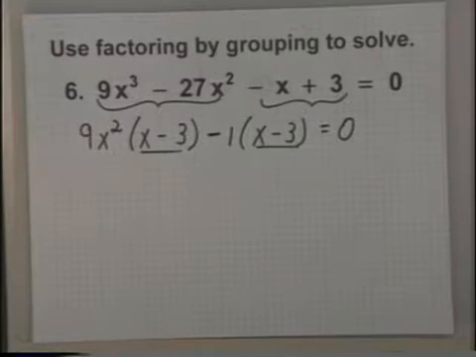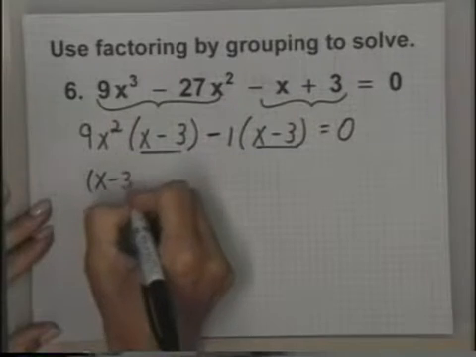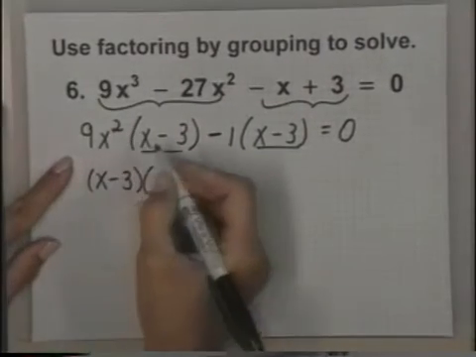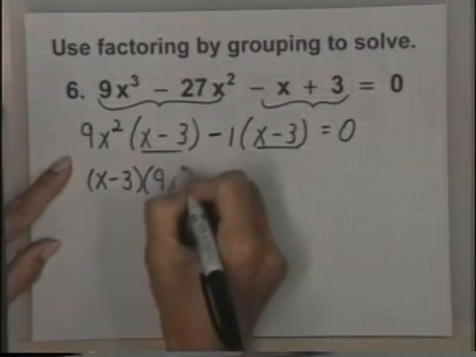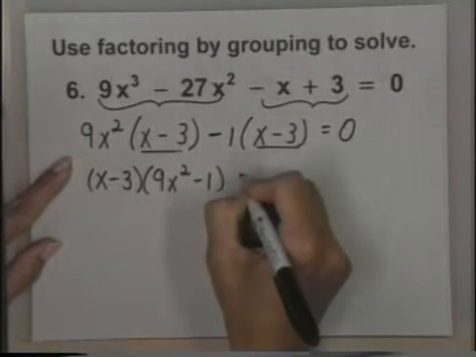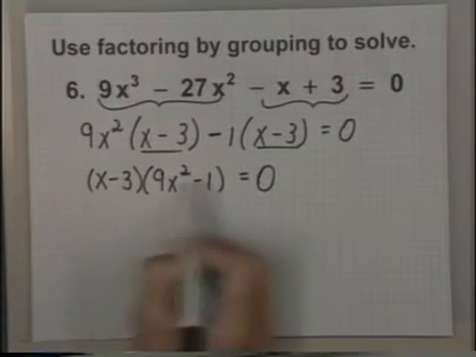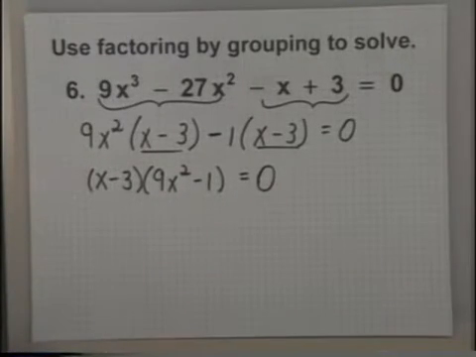So let's factor that x minus 3 out of each of those terms. In this first term, we're left with 9x squared. In the second term, we're left with minus 1. And then we have equals 0. So the left side of this equation is now a product. It is now in factored form.